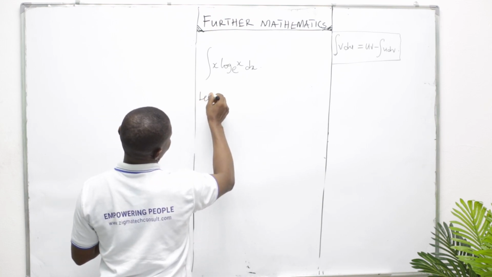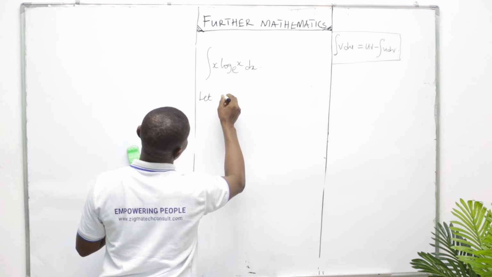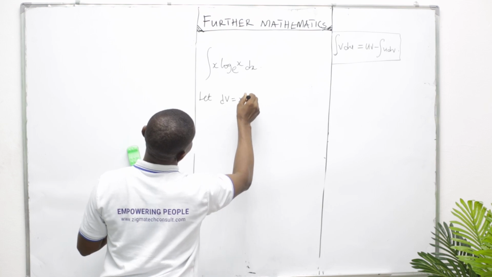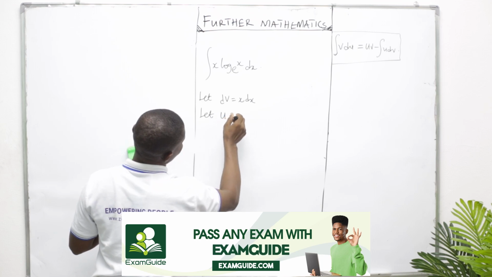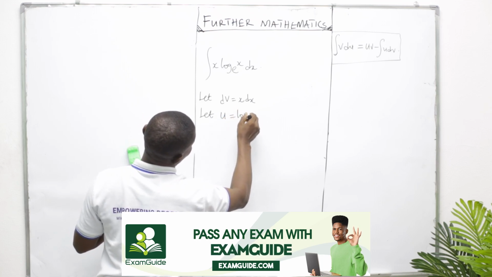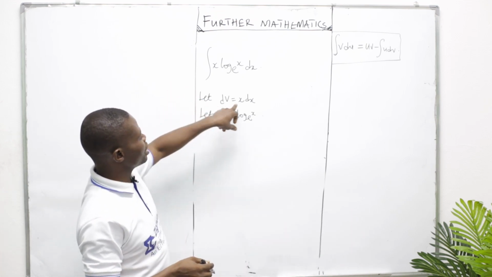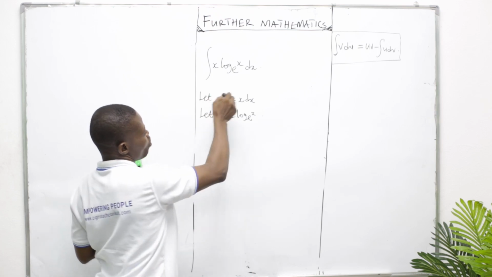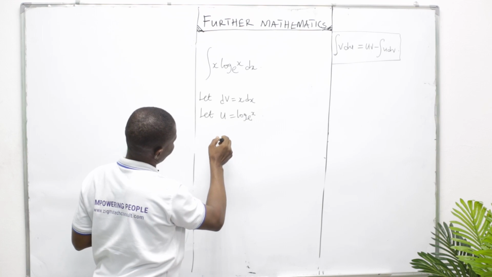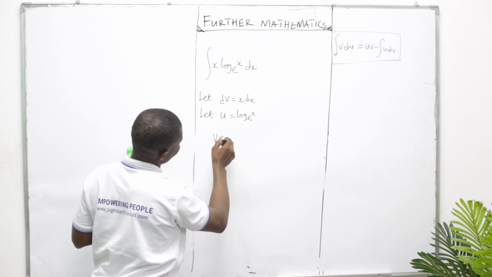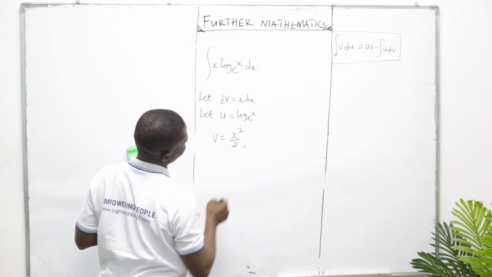Let dv equal x dx. Let u equal log x. If dv equals x dx, when I integrate, I will have that v equals x squared all over 2.